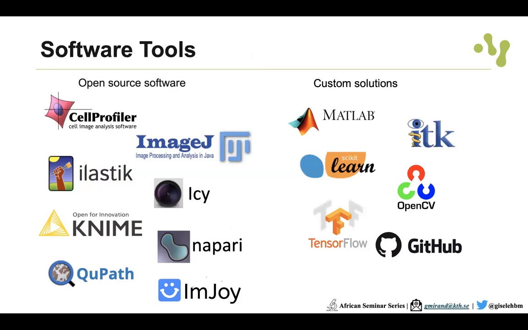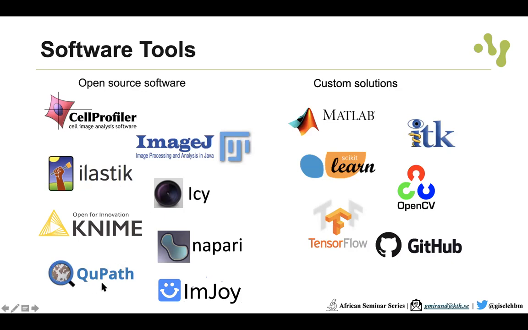I can briefly mention some software tools. Of course, there are more, they're not limited to this list, but I would say that Fiji ImageJ is one of the most important tools that we have for bioimage analysis, and image analysis more generally. CellProfiler, Ilastik, which is similar to the Trainable Weka Segmentation that we just saw.